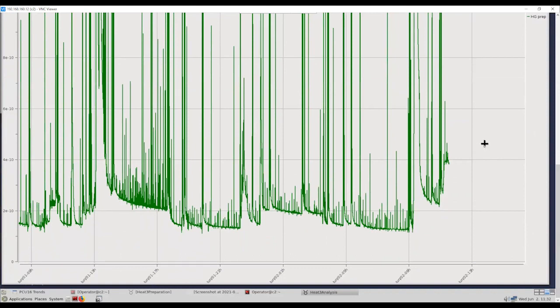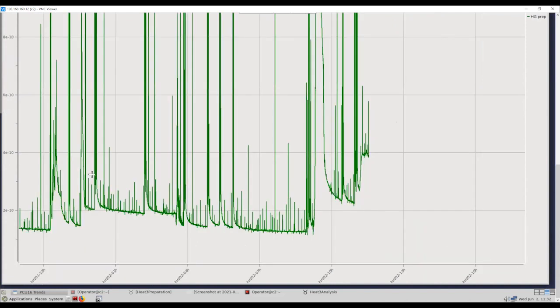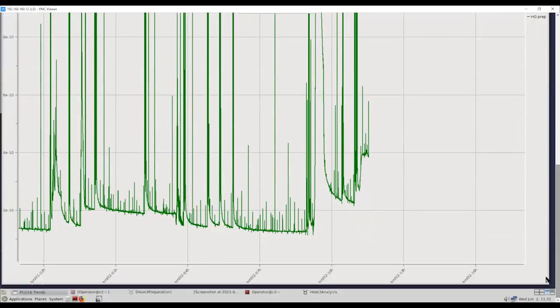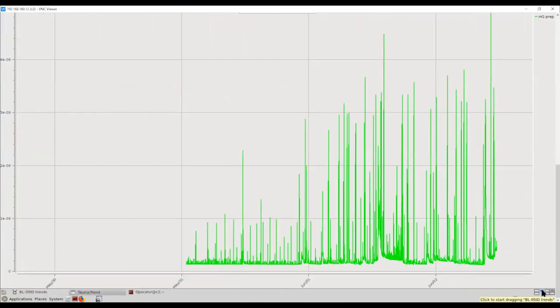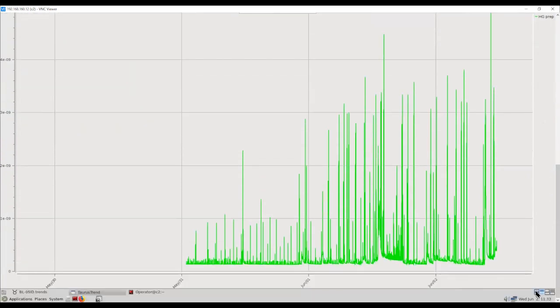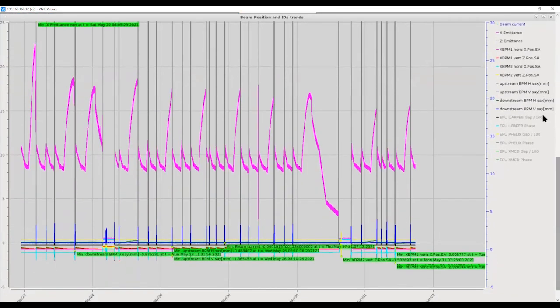Here is the pressure in the preparation chamber. So you can see that the pressure is better than 5 to minus 10. Next, we can go to the next. Also, we have the next trends. You can see there, and also the parameters of the beam.